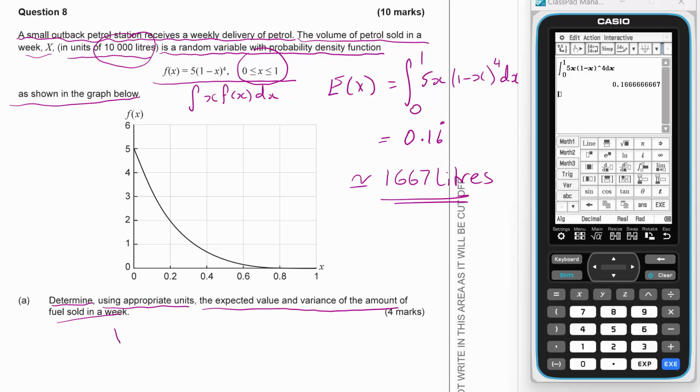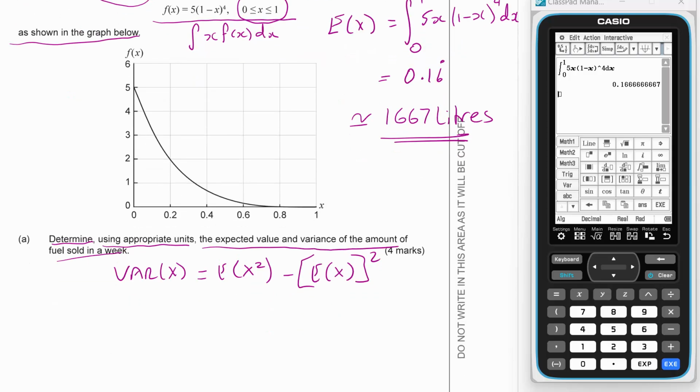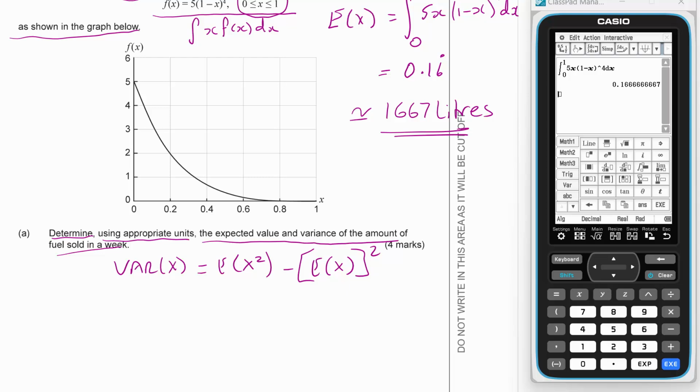Now to get the variance of x, it's the expectation of x squared, take away the expectation of x, squared. The expectation of x squared is, instead of x f of x, x squared f of x.